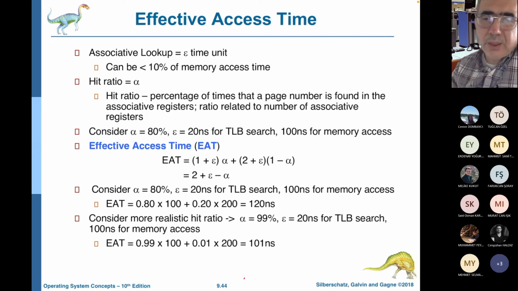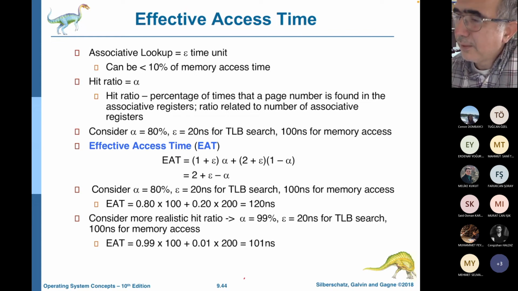This is one important effective access time calculation. Normally, we can tolerate about 10% of the memory access time as an epsilon maximum.